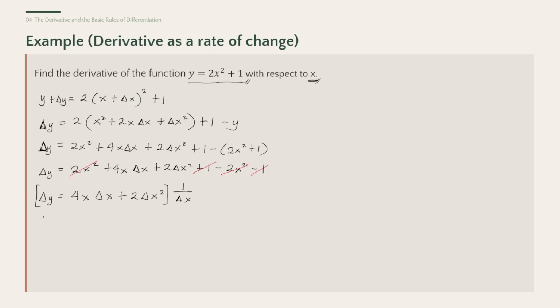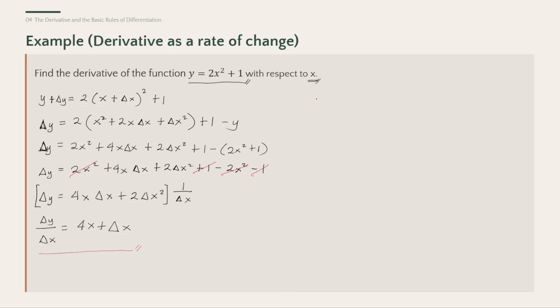Therefore, we have delta y over delta x is equal to 4x, actually the delta x cancels out here. So we only have 4x. Then delta x cancels 1 delta x from 2 delta x squared. So we only have 2 delta x. Okay. Now this is the average rate of change.